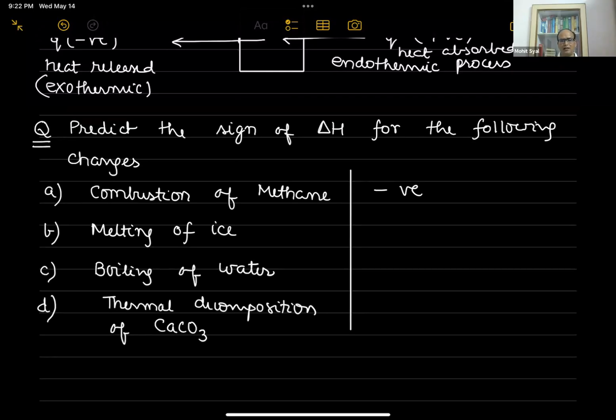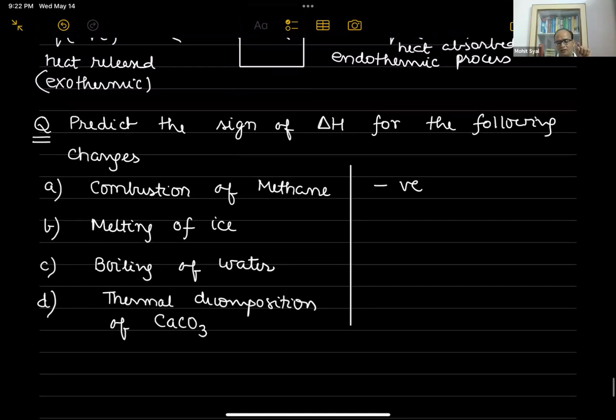For melting ice, you need to put in heat, so it is positive. Then only the ice will melt.